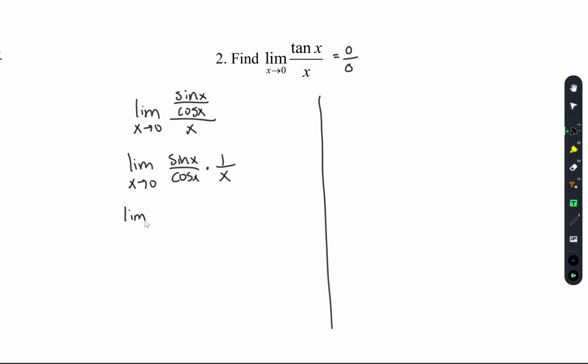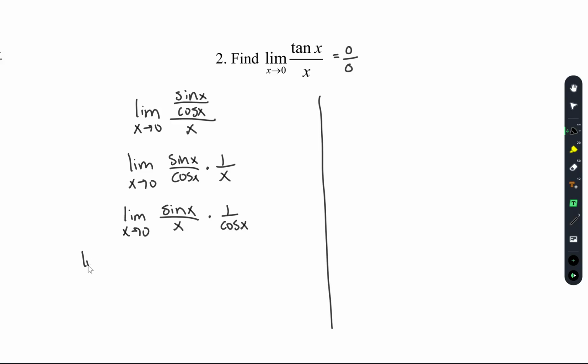But this was the key: switch around the x and the cosine. That's the key. When you do that, this is one of the limit rules where you can do them both separately.